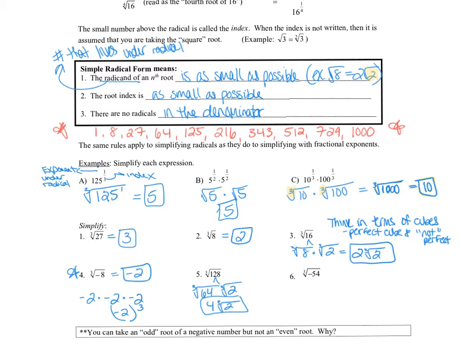Now let's break down this cubic root of negative 54. Now, if you can, we want to move that negative outside of the radical. So we're going to take that with our perfect cube part, okay? So I can break this up into the perfect cube of a negative 27 times the cubic root of 2.